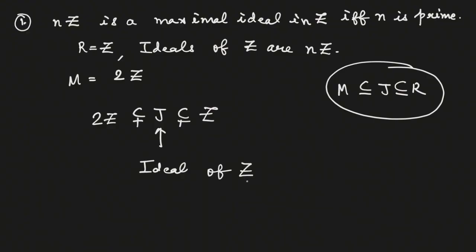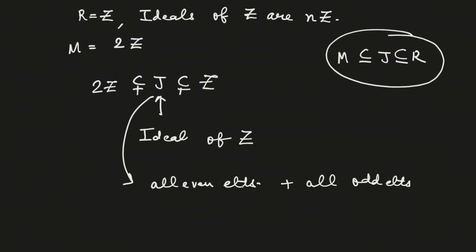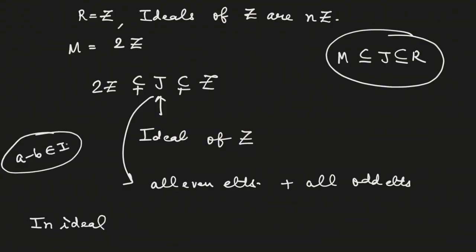So if it contains ideal of Z, then this J will contain all even elements plus all odd elements. And in ideal, we know this definition that A minus B again belongs to ideal, by the ideal test.